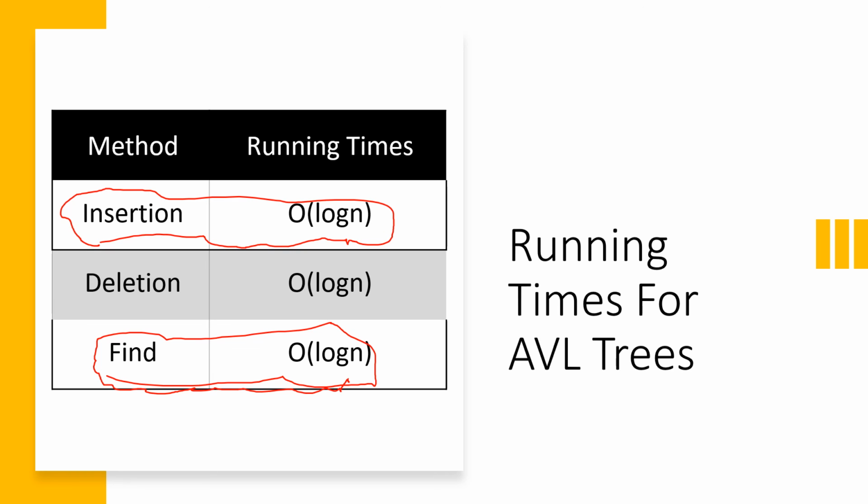So the time complexity is O(log n) for the initial find and the restructuring of the AVL tree, and when we add two of the same class, the final result also belongs to the same class, O(log n). Deletion is also the same. The initial find becomes log n, the restructuring of the tree is log n, and the final result is also log n. It belongs to the class of logarithmic n.